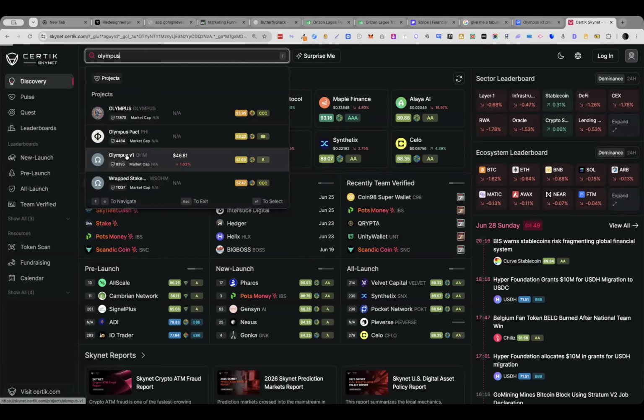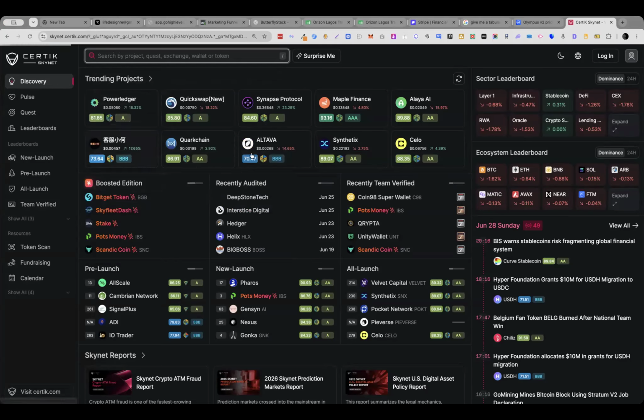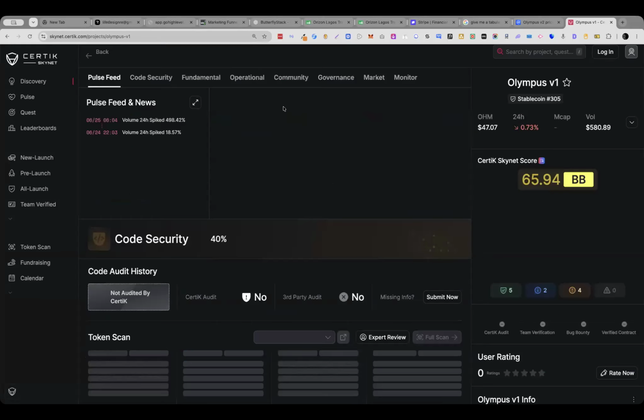Just click here. So when you search for a project and open it, the project will open up if the project is here on CertiK, if CertiK has a record of the project.